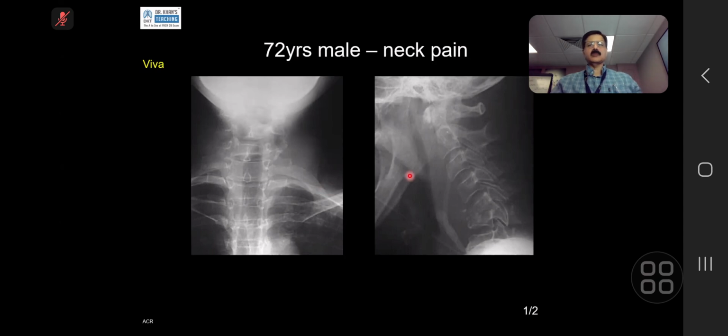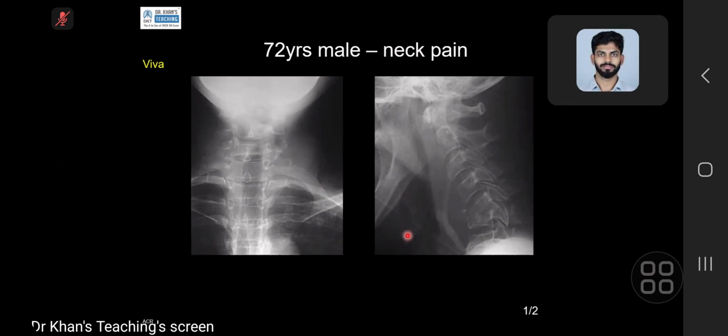Yes, please. So provided frontal projection and lateral projection of a cervical spine of a 72-year-old male patient with neck pain. Striking abnormality I can see is at the C5, C6 area. There is a reduced intervertebral disc height and partial collapse of the C5 vertebra and mild lateral osteophytosis with a widening of the prevertebral soft tissue at the C5, C6 location, also extending up to the C4 to C7 levels.